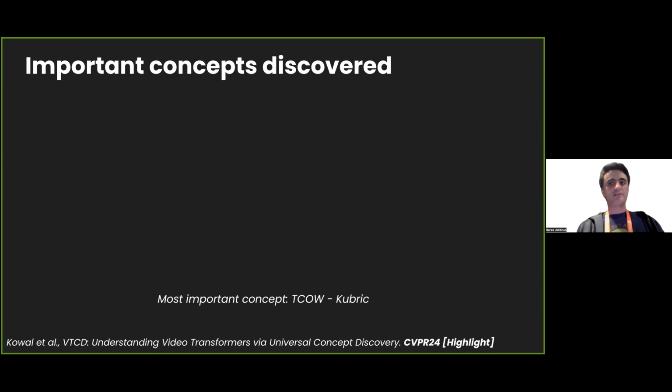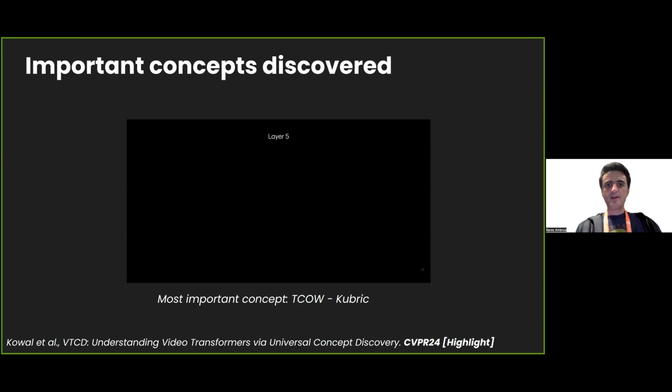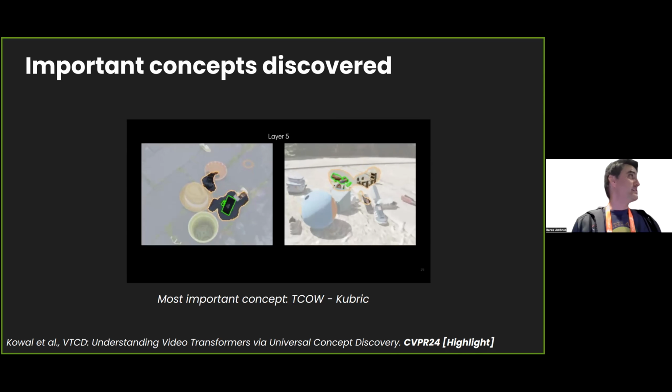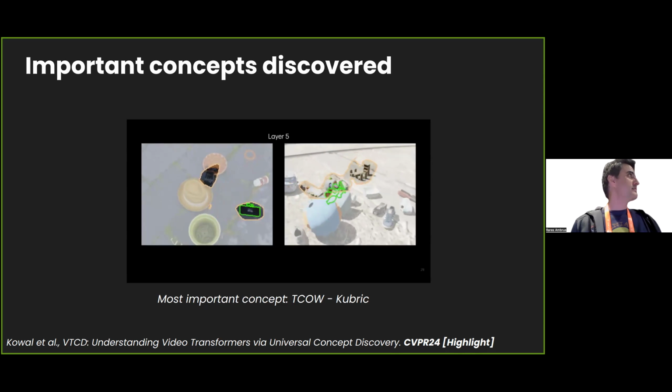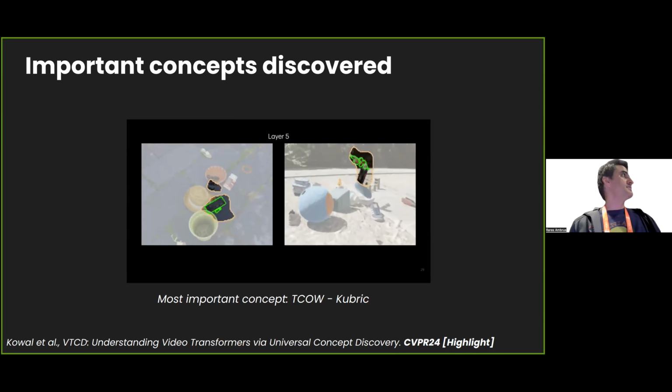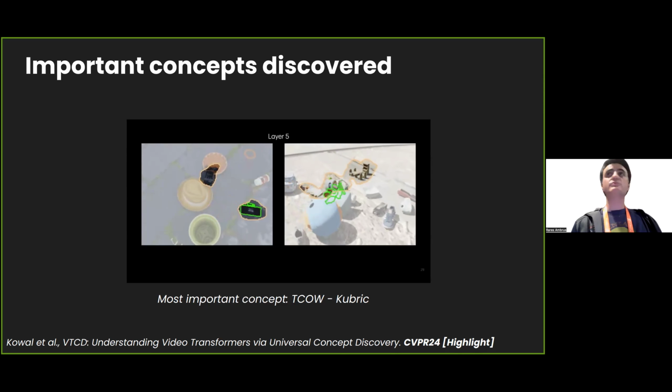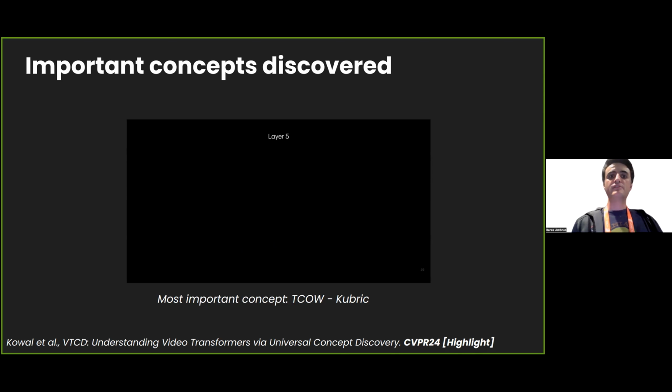We looked at the segmentation TCAL model, which is trained to track occluded objects on Kubrick. We found that the most important concept is at layer 5, and it tracks the target object as well as similar objects around it that have similar appearance.